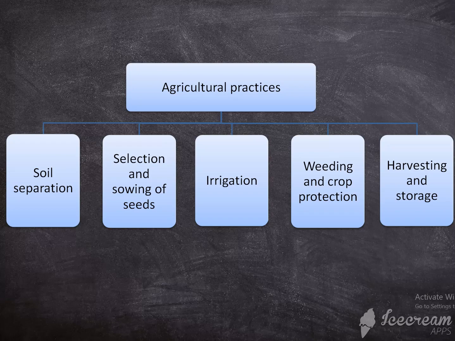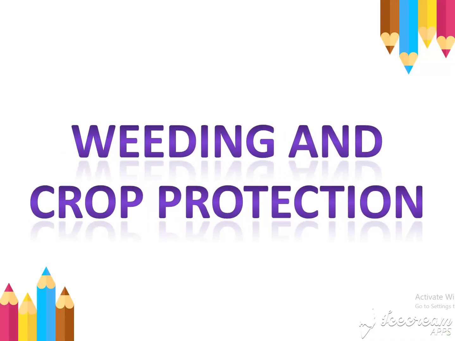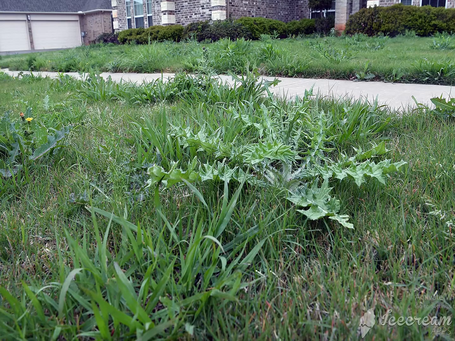Today, we are going to learn the next agricultural practice, that is weeding and crop protection. What are weeds? You just see this crop field. All the crops are not the same, isn't it?